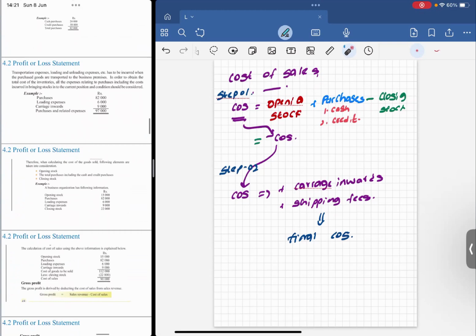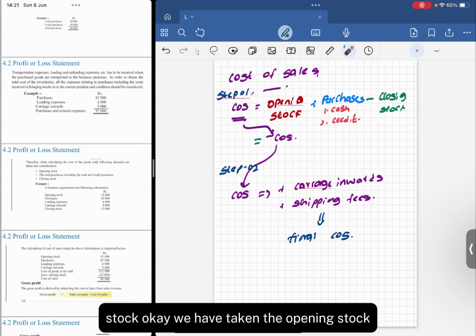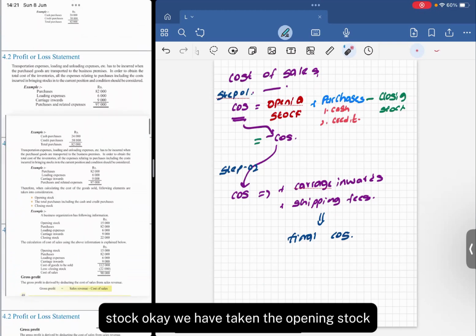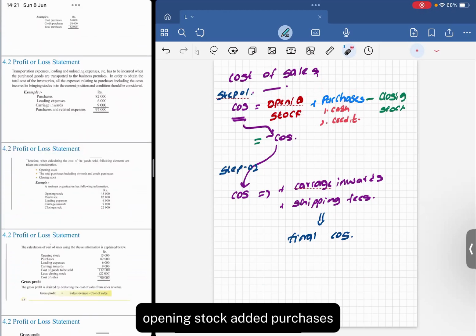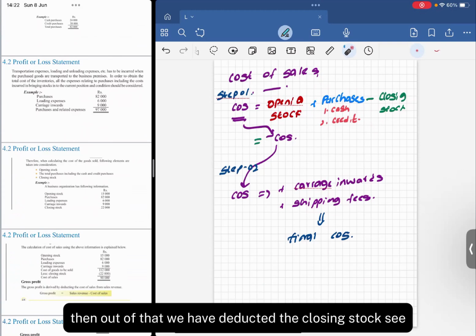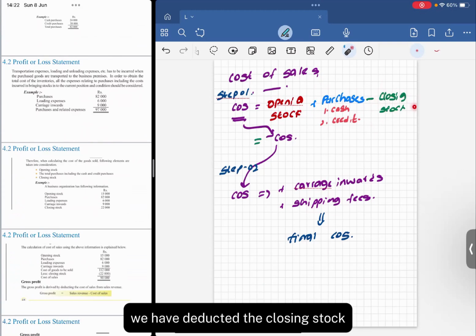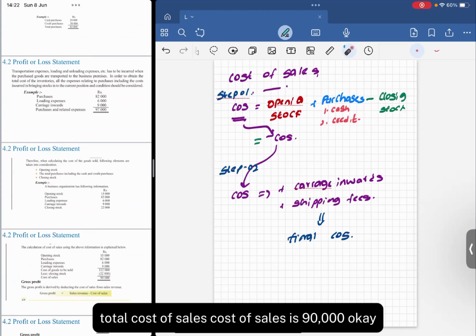We take the opening stock and to that we have added the purchases. Then we have added other expenses, loading expenses and carriage inwards. Then out of that we have deducted the closing stock, and that ultimately gives us the total cost of sales. Cost of sales is 90,000.